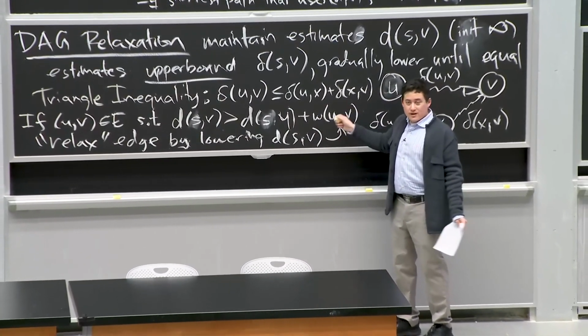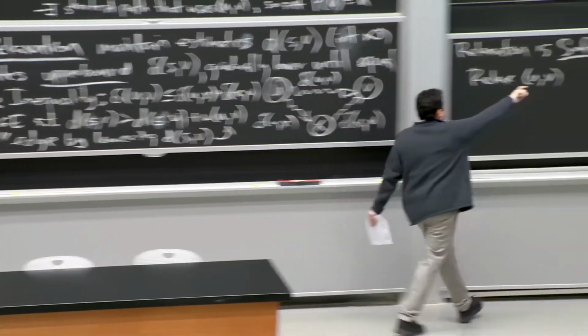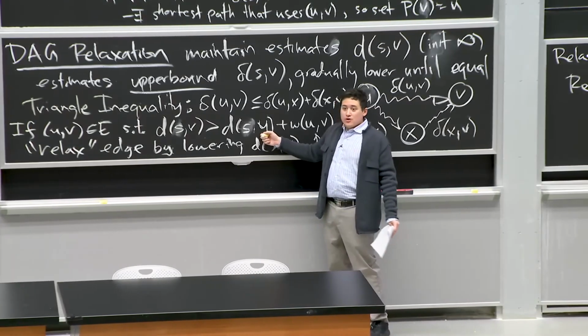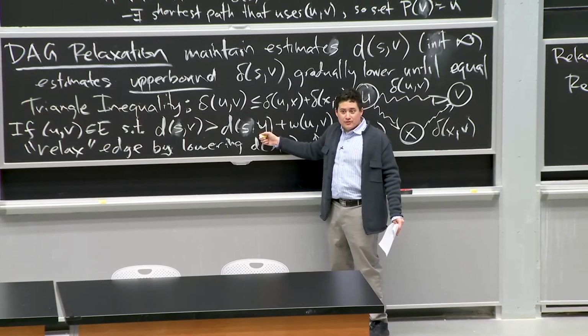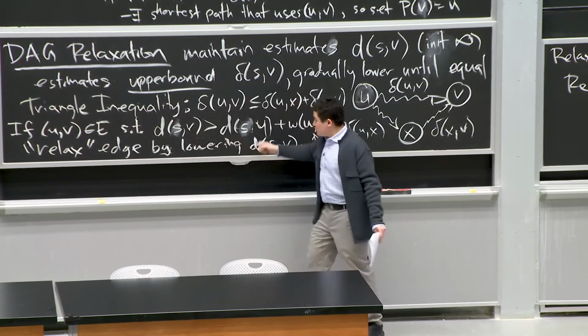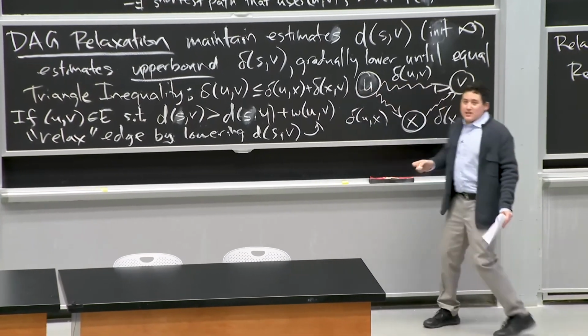This is the weight of an edge from U to V. Now, by my assumption that we're maintaining that this is the weight of some path in my graph, I'm setting it to the weight of some path in my graph to U plus an edge from U to V, and so this checks out.